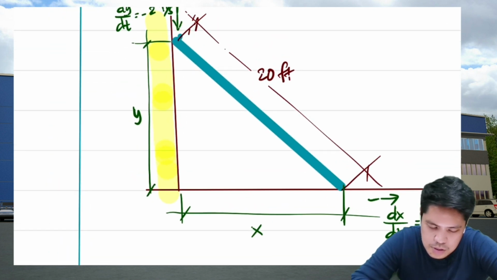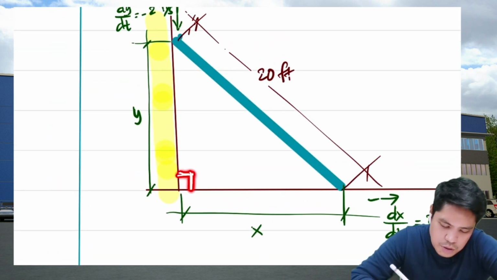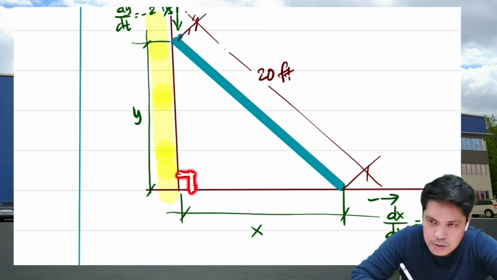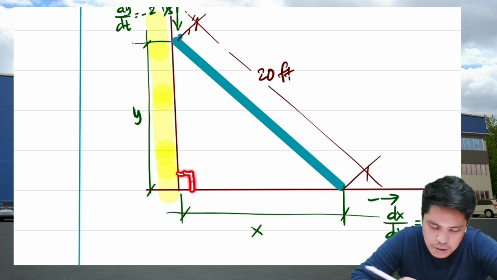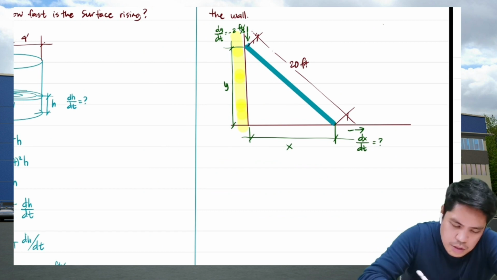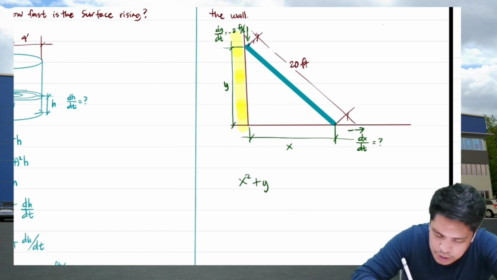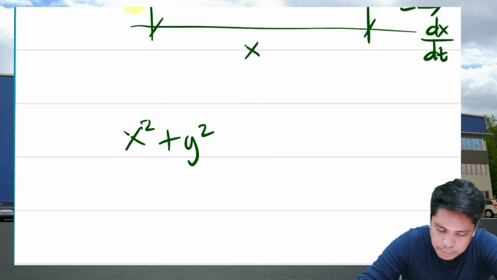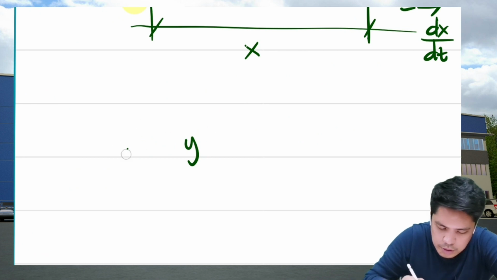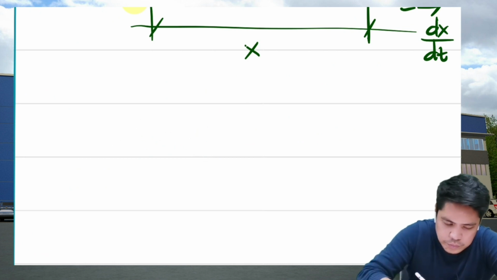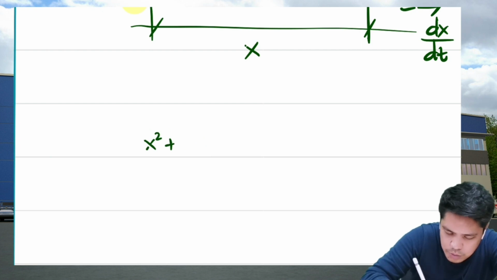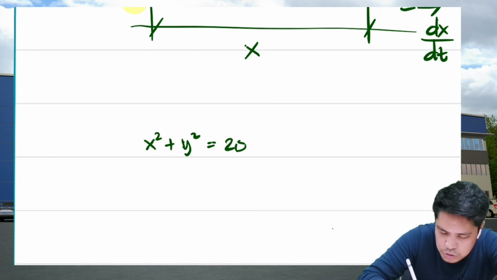And that would be a Pythagorean equation, right? Pythagorean theorem, because this is a right triangle. Hence, we say that x squared plus y squared, from the figure, is equal to 20 squared.